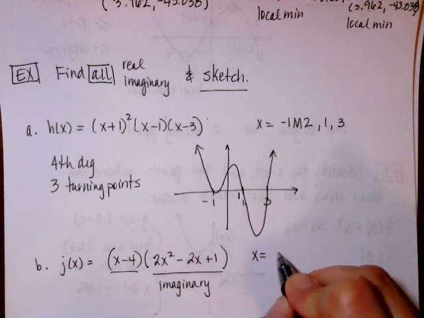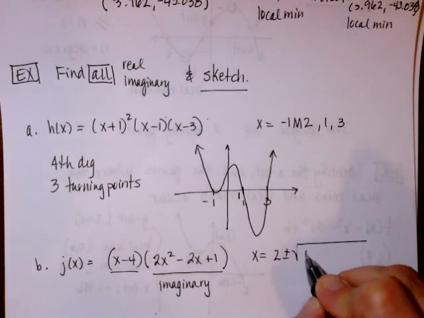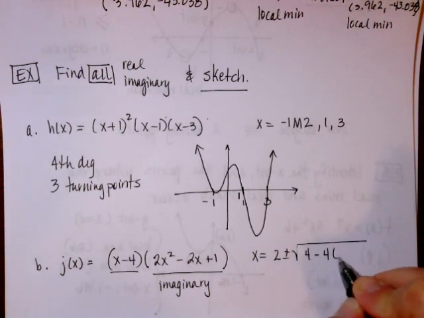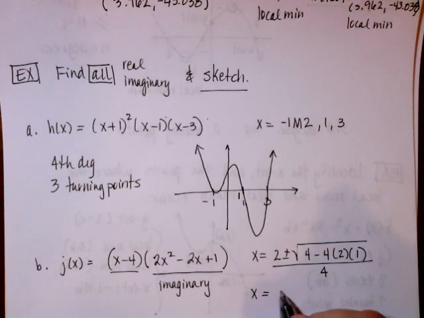So I would do x is equal to negative b plus or minus the square root of b squared minus 4ac, all over 2a. When I do that math in my grapher, I would get 0.5 plus or minus 0.5i. So now I have 3 zeros.